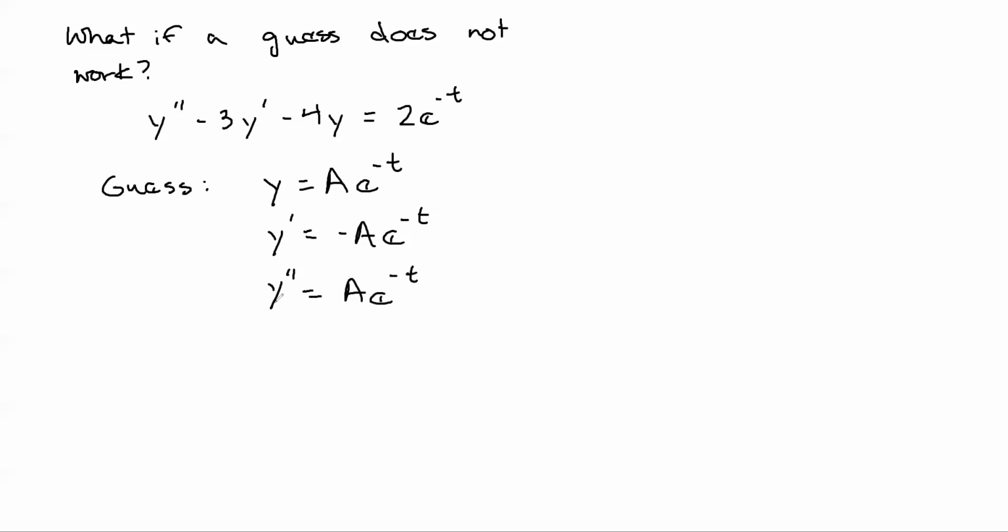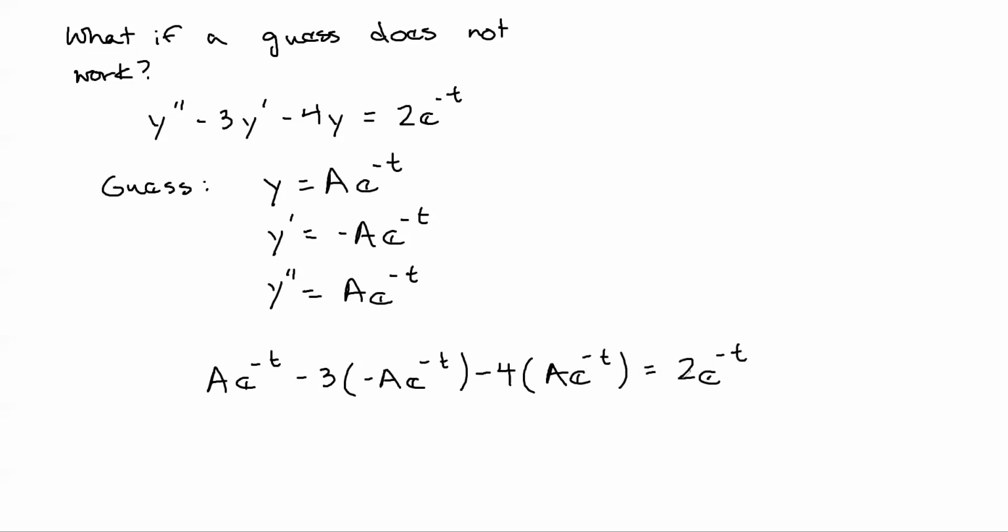Then I take them and plug them in, and I get a e to the negative t minus 3 times negative a e to the negative t minus 4 times a e to the negative t equals 2e to the negative t. I go through to solve this, and what happens?